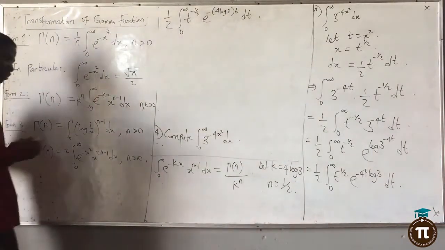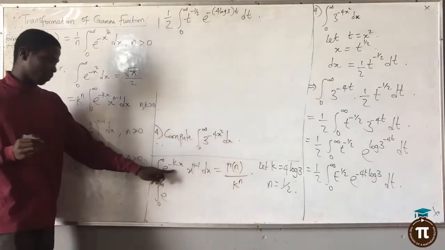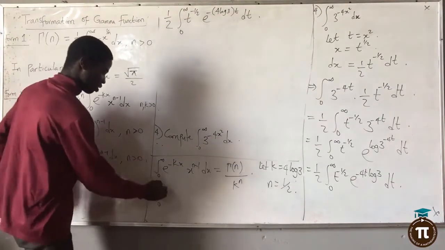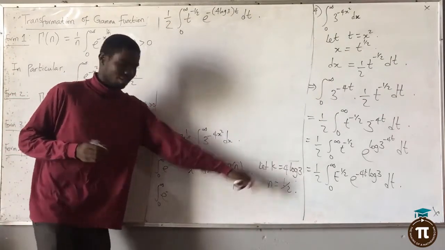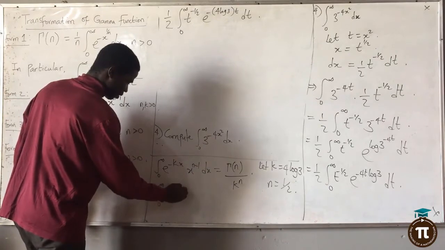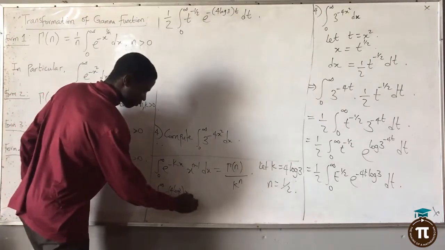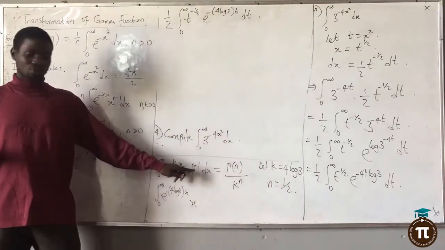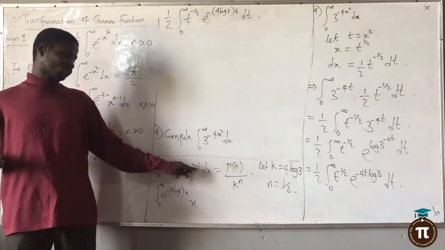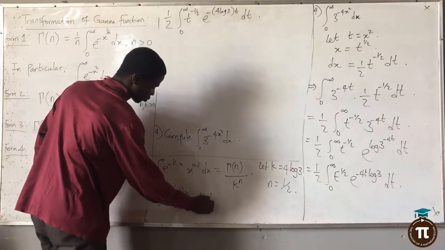When you put n to be 1 over 2, this will become the integral from 0 to infinity of e raised to the power of minus k t, where k is 4 log 3, times t raised to the power of n minus 1. N is 1 over 2, so 1 over 2 minus 1 will give me minus 1 over 2.